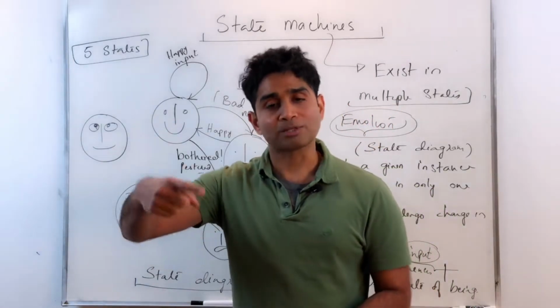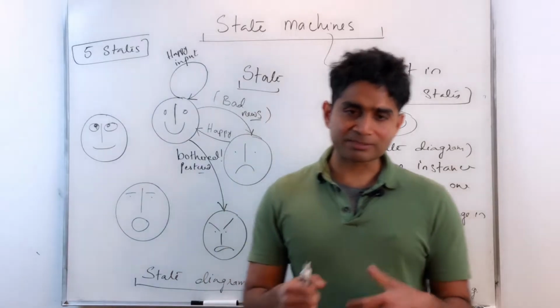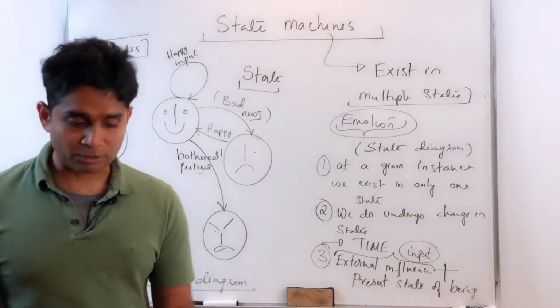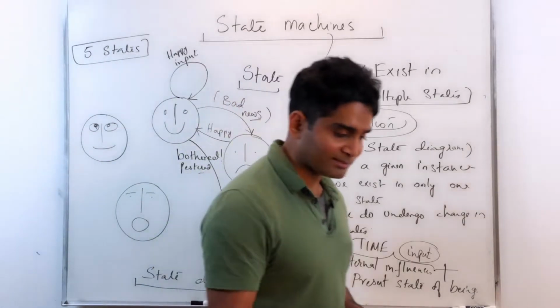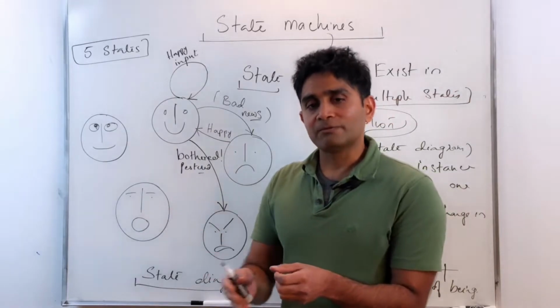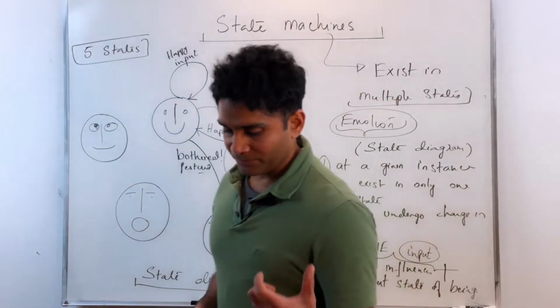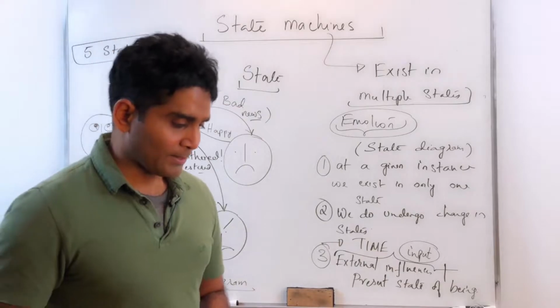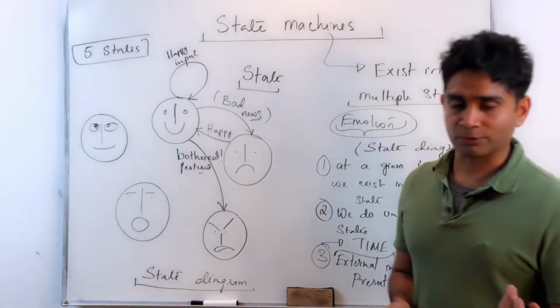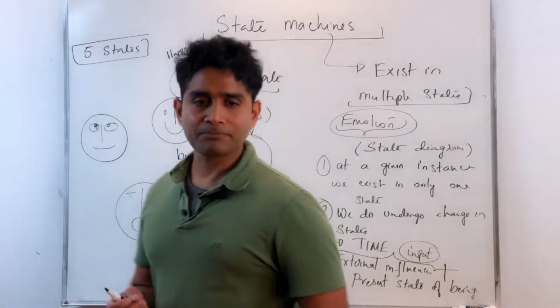So with the aid of a state machine, I can design these circuits or instruments that can actually exist in multiple states, and that can be programmed so that it can actually switch from one state to the other with minimal external supervision, if you will. Okay, so that's the idea.